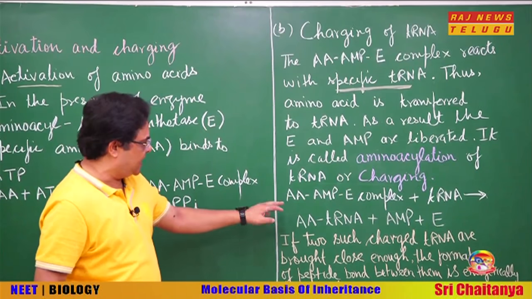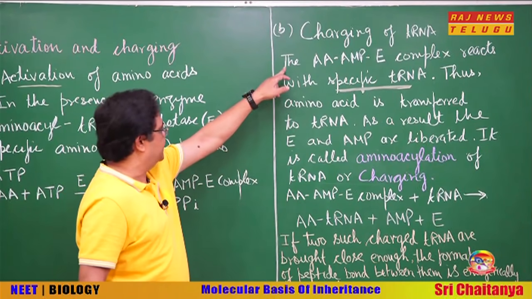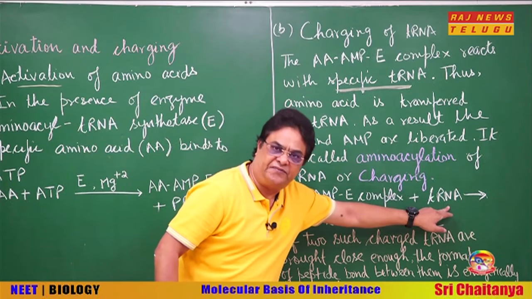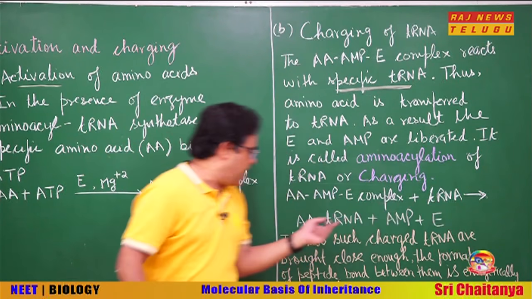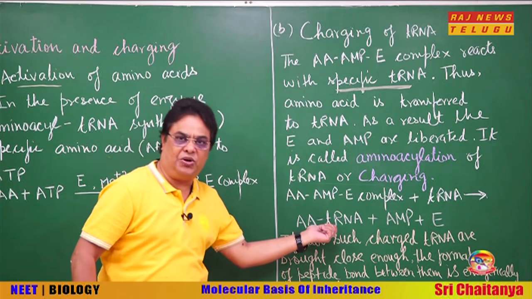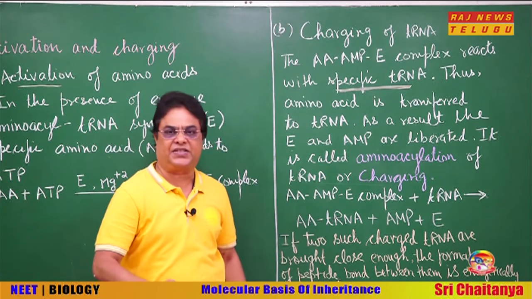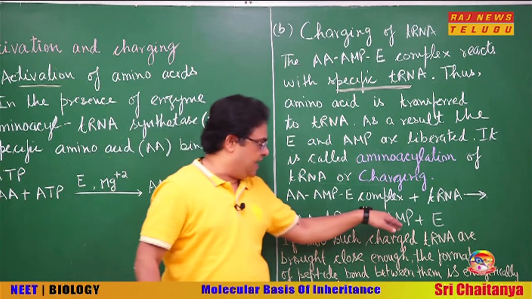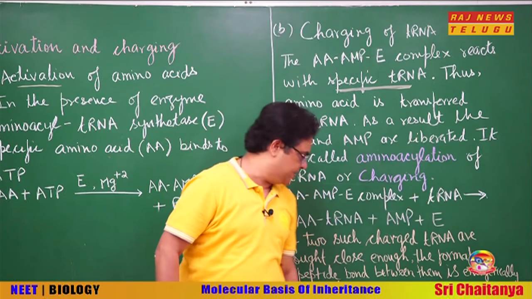So let us see how this happens. This complex was formed in the first step. This complex plus the specific tRNA. Now the amino acid is loaded to the tRNA. This tRNA is called amino acyl tRNA or charged tRNA, and AMP and enzyme are released.